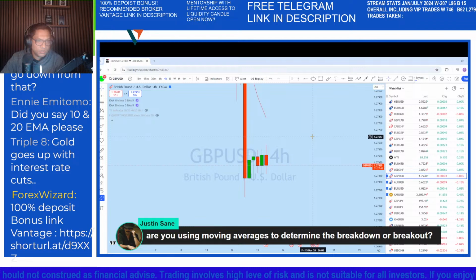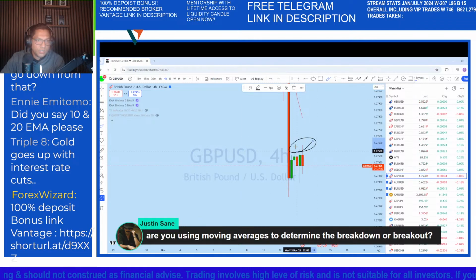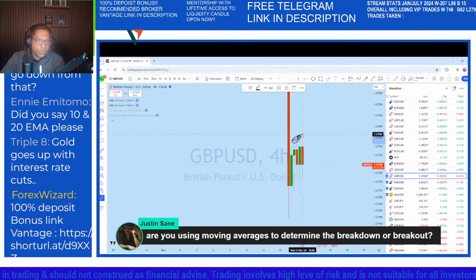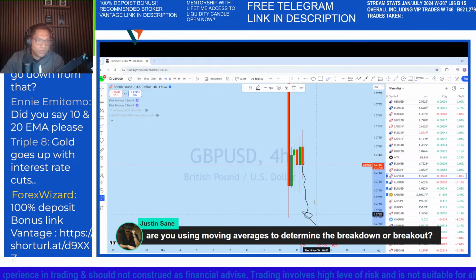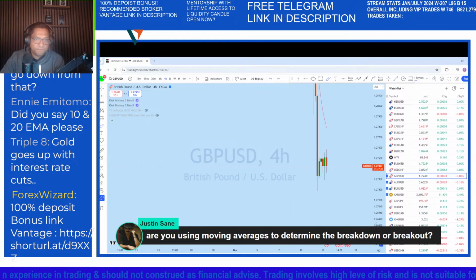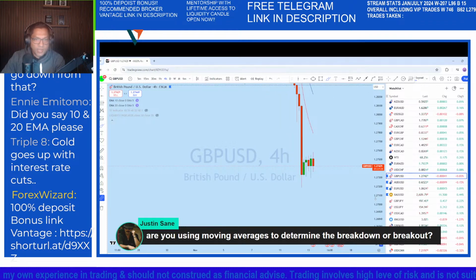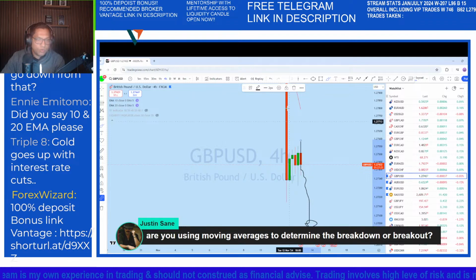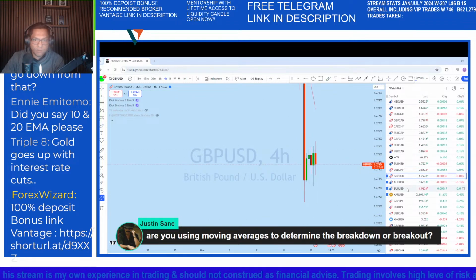GBPUSD formed a very interesting structure. I was looking at this price action here. We can see that multiple times the market formed quite a few long wick candles, grabbing that massive amount of liquidity, and the market is now trying to break below this level here on British pound US dollar. And with that drop, we can expect the market to break below to create a new lower low. See how far it might be going.